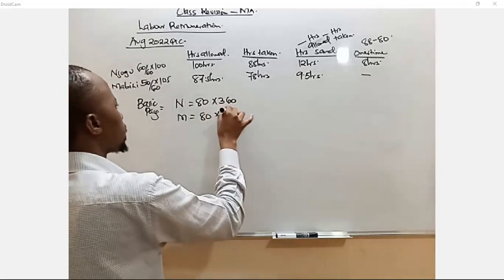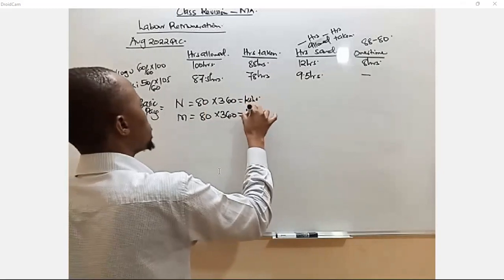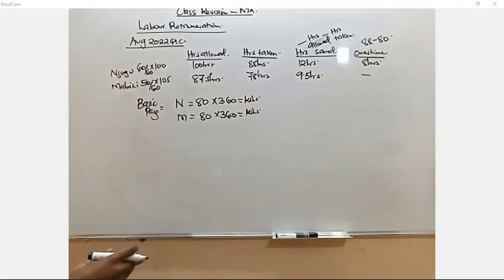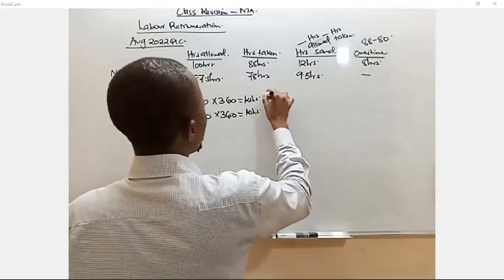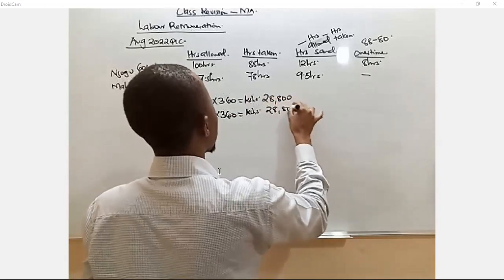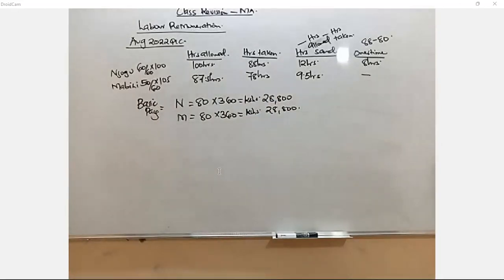Multiply here by 360. How many shillings each is supposed to be getting in terms of the basic wage or the basic pay? So the first one, it is the same, 80 times 360 should be 28,800. 28,800, right? Then from there, you can also discuss about the computation of the bonus pay.